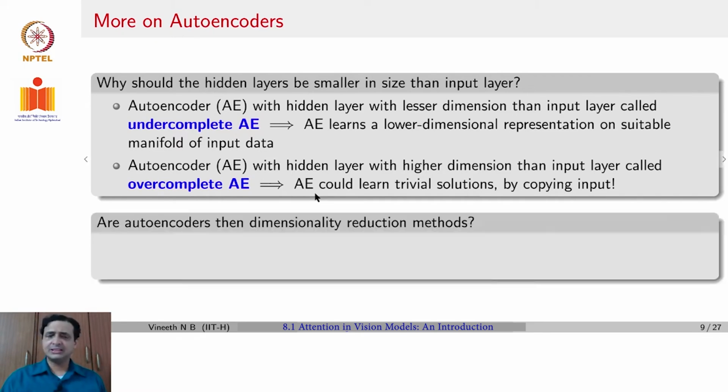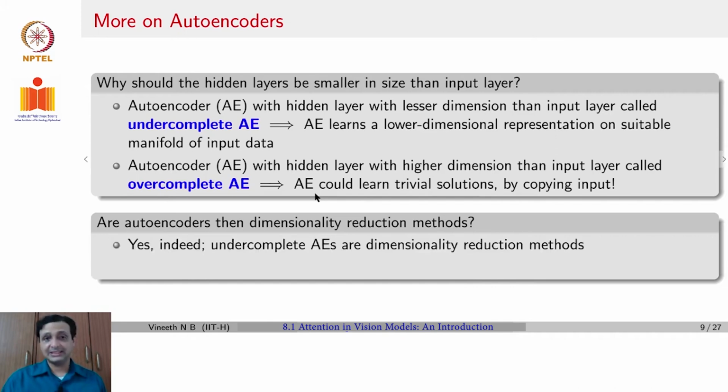Then the question is, are all autoencoders also dimensionality reduction methods, assuming we are talking about undercomplete autoencoders? Partially yes. Largely speaking, autoencoders can be used as dimensionality reduction techniques.